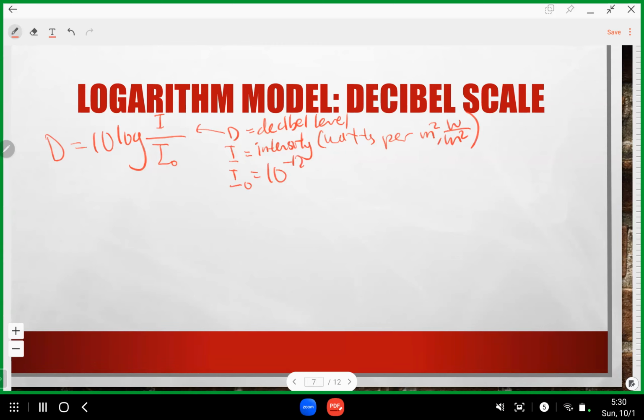Okay, so are there any questions about the decibel scale here? Okay, if there are no questions, then let's do some problems with the decibel scale.